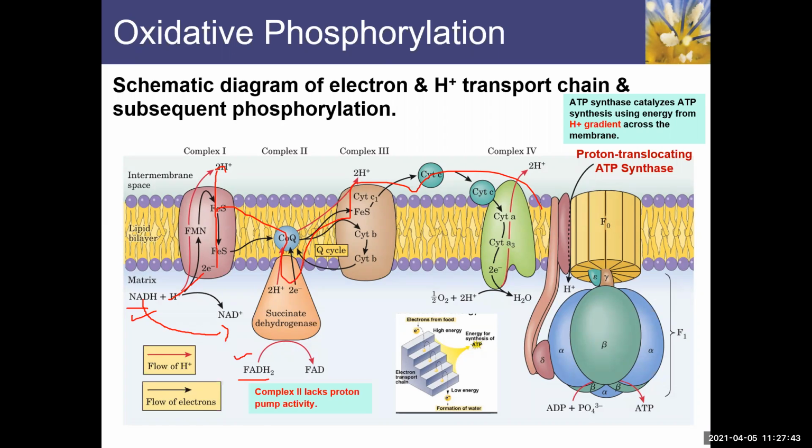And this COQ will be used as an oxidizing agent. We call this COQ coenzyme Q, because if you remember, I told you it can move everywhere. It's hydrophobic in nature. So when it gets attached to complex 1, it can be used as a coenzyme by complex 1.